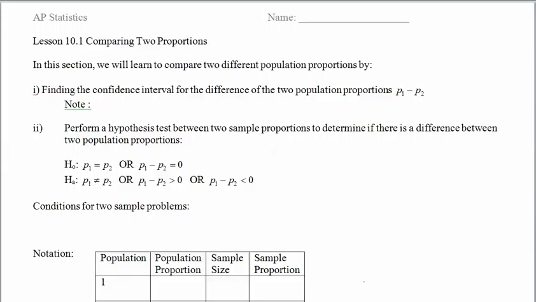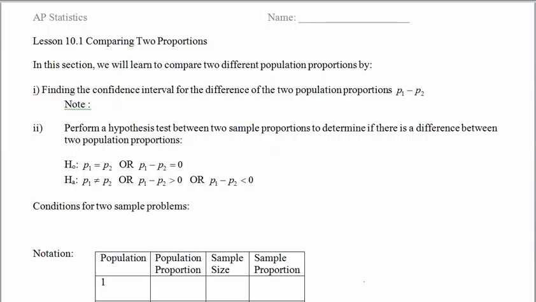Comparing two proportions. In this section we are going to learn to compare two different population proportions by either finding the confidence interval for the difference of the two population proportions, or performing a hypothesis test or significance test between two sample proportions to determine if there's a difference between the two population proportions.